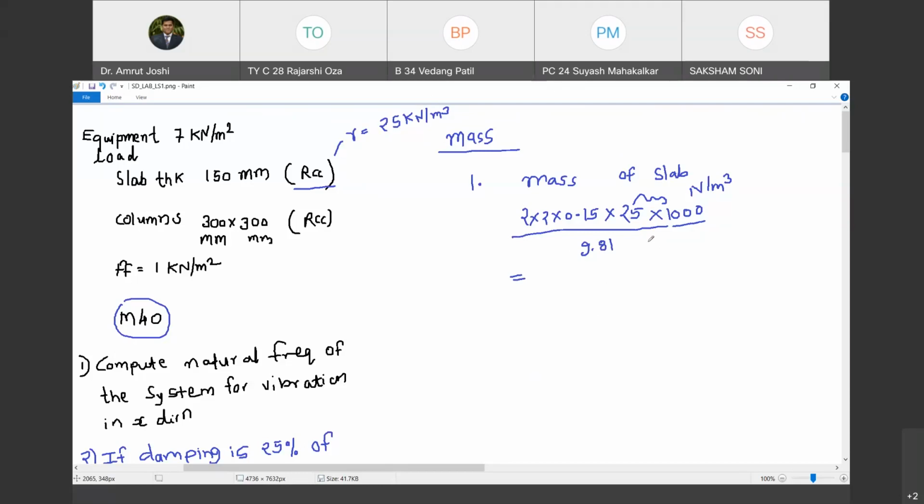Okay, so 2 multiplied by 2 multiplied by 0.15 multiplied by 25 into 1000 divided by 9.81. So that gives me the mass as 1529 kg.